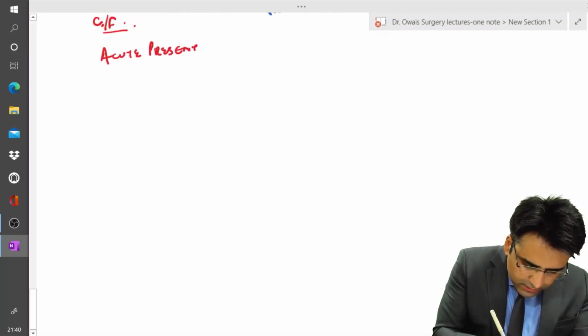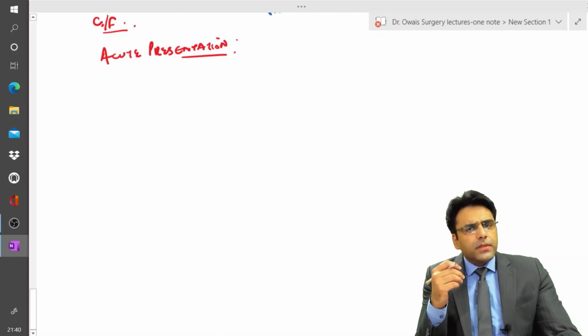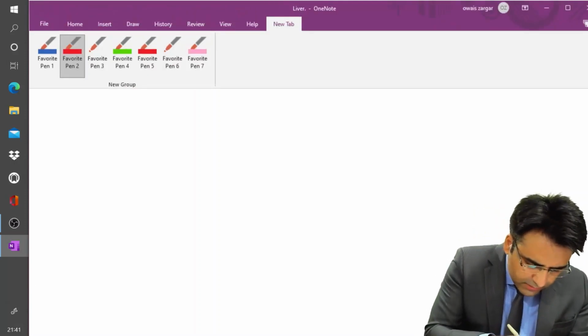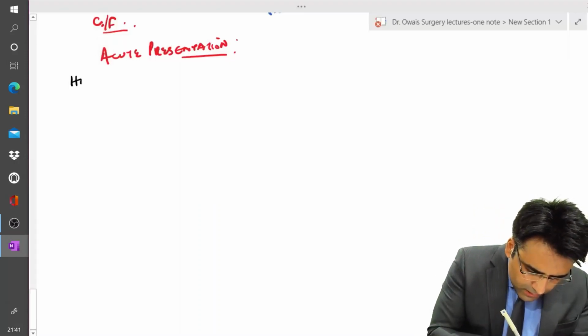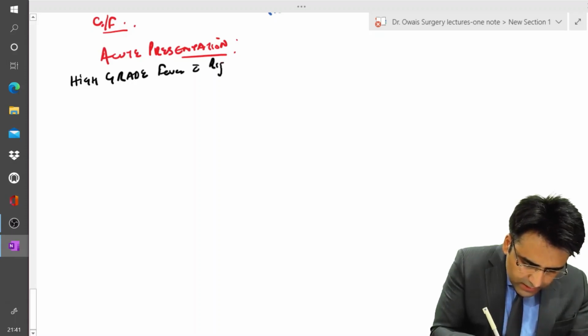In acute presentation, the patient will present with high grade fever with rigors and chills.